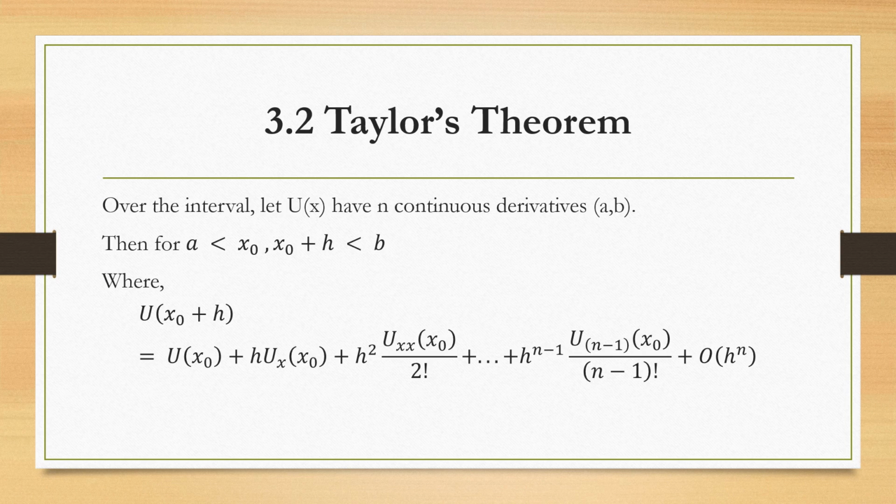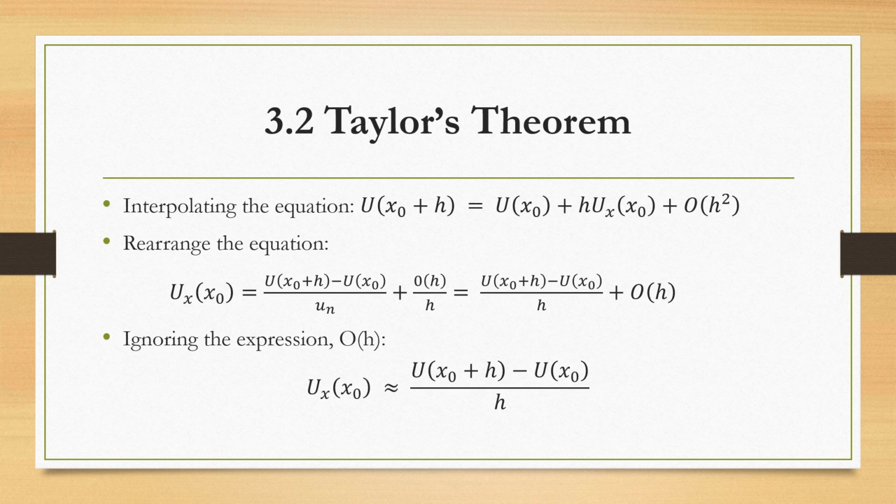As we can see, Taylor's theorem, or we can call it Taylor series expansion. From Taylor's theorem, we are neglecting the higher order and neglecting the expression of O(h), because O(h) is the constant term. So from the expansion of Taylor's theorem, we get this equation.